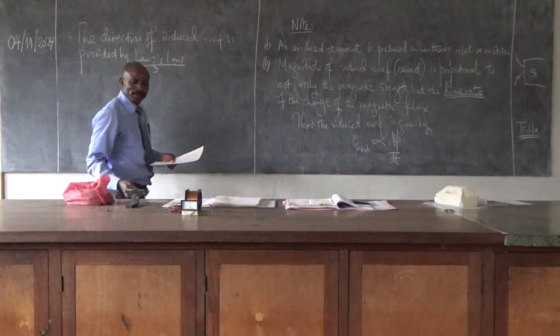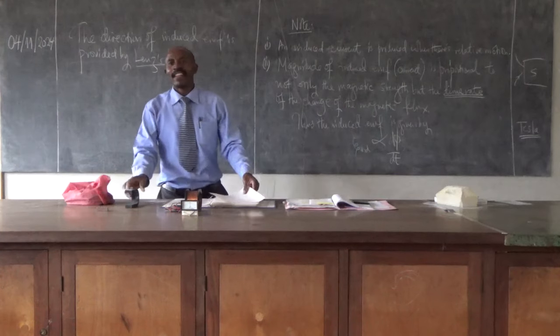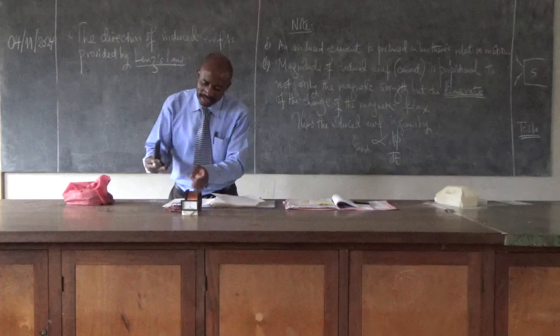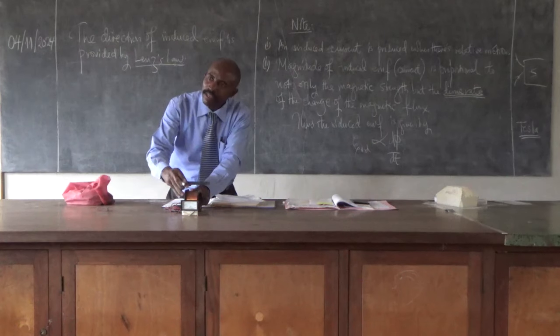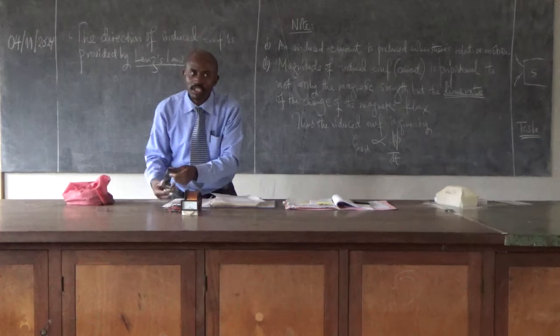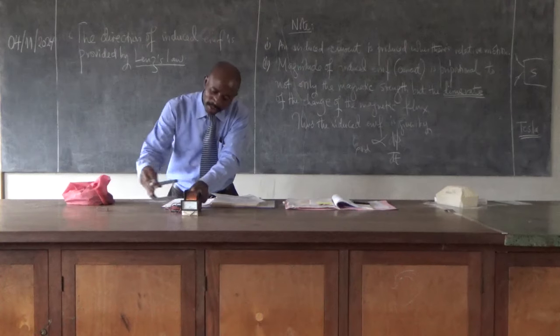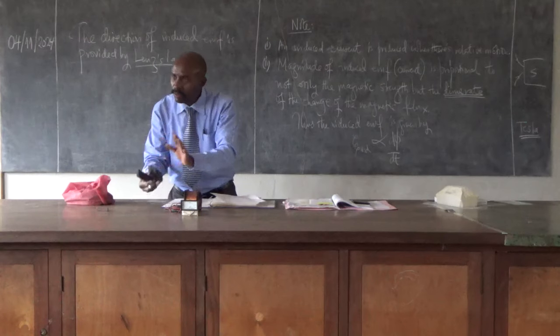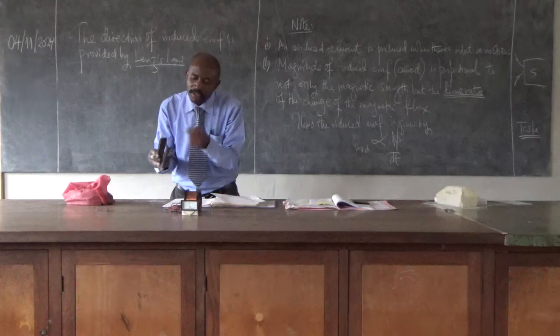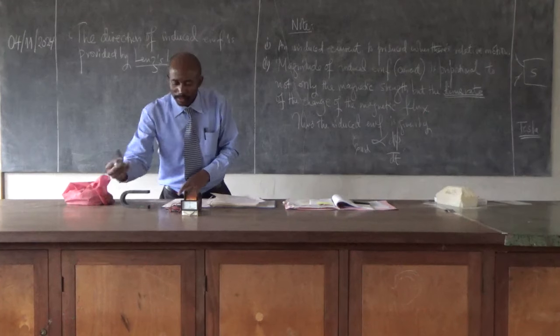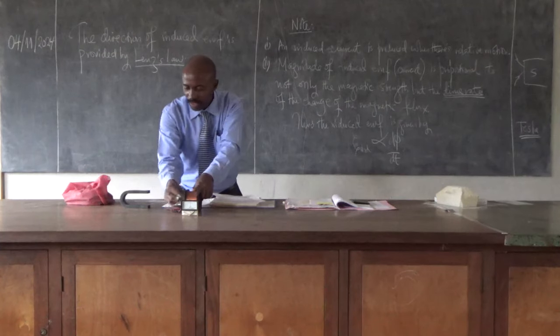So would you need to cram really? You only know that the induced EMF will flow in a direction as to oppose the change. Because the north we have seen, and the south it will oppose.